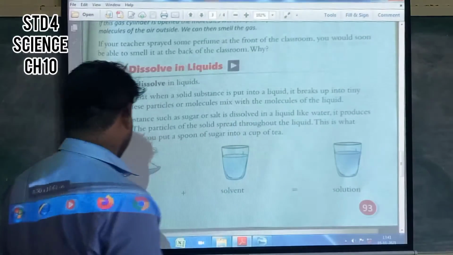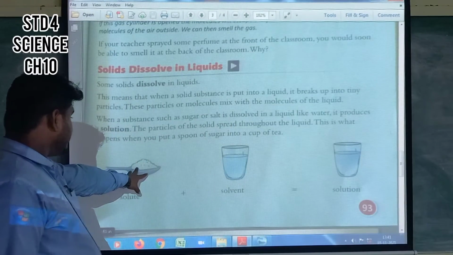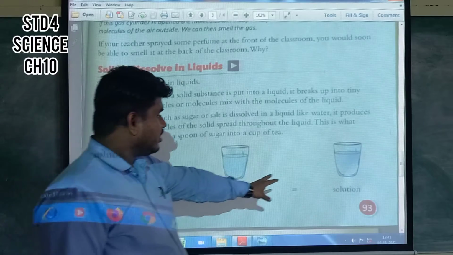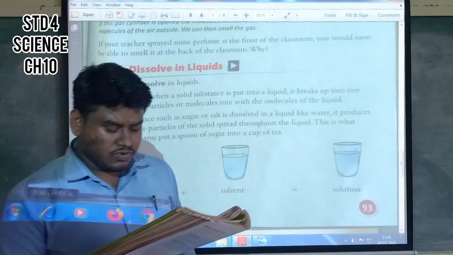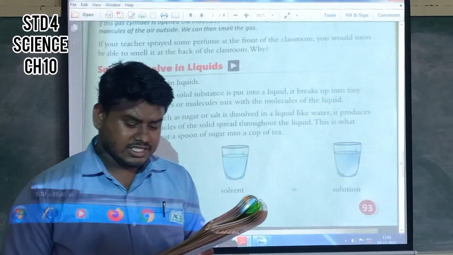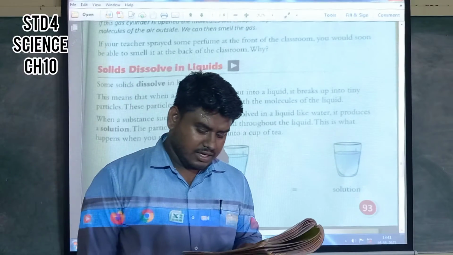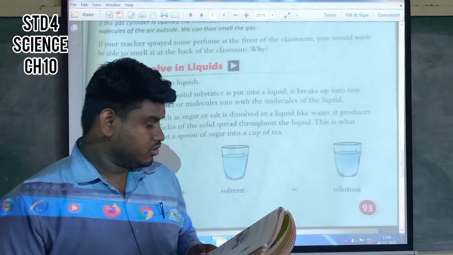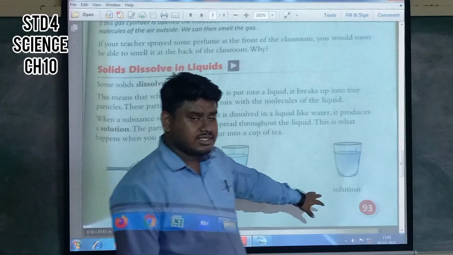Like you can see here, there is a little bit of sugar. This is water, then this is sugar. So when a substance such as sugar or salt is dissolved in a liquid like water, it produces a solution. The thing that is produced is known as solution.